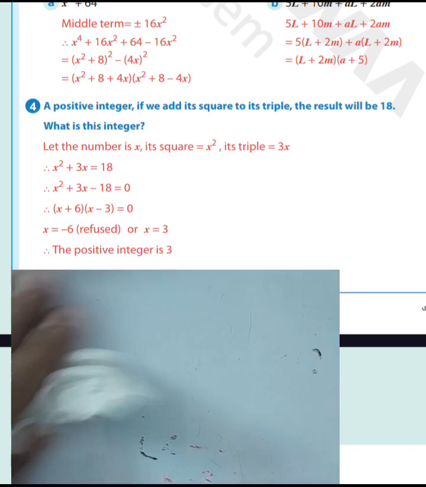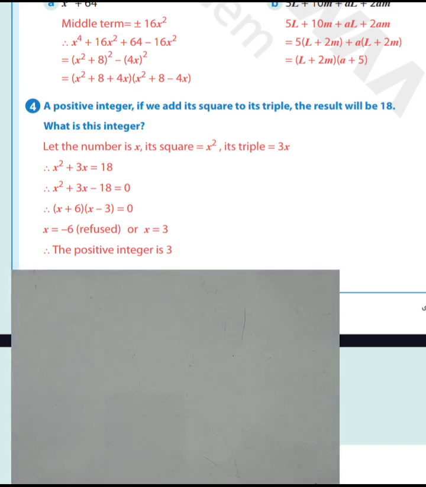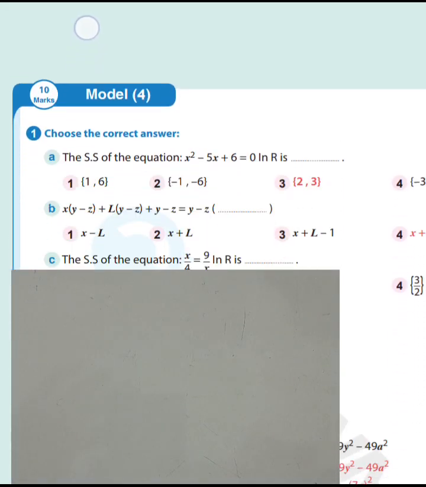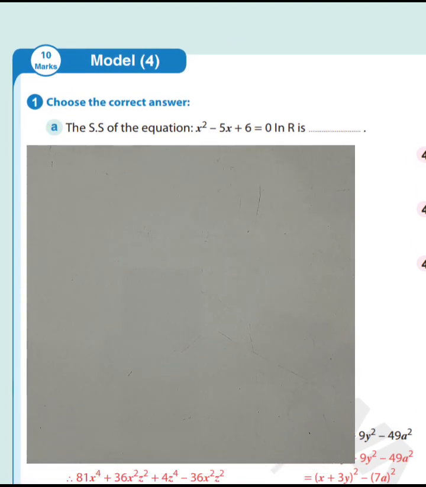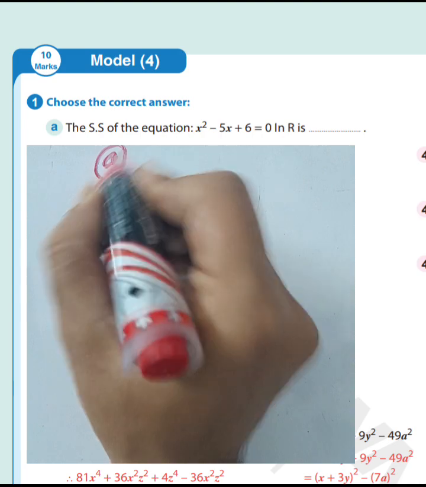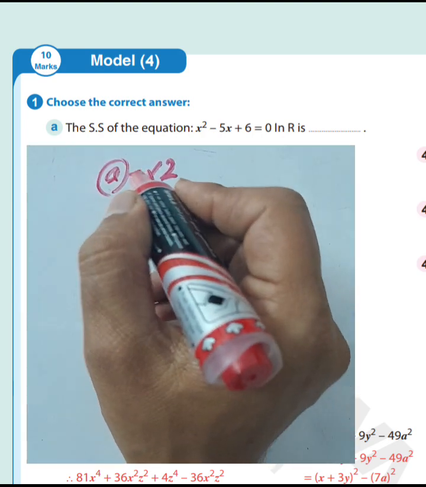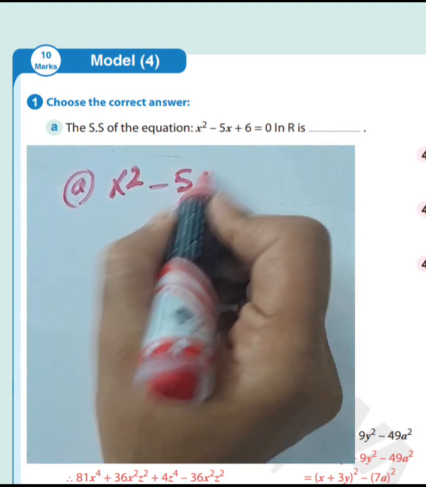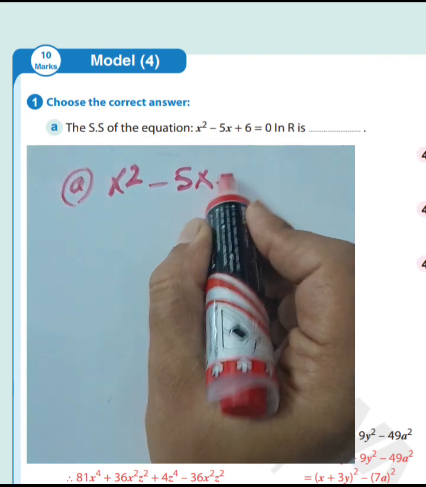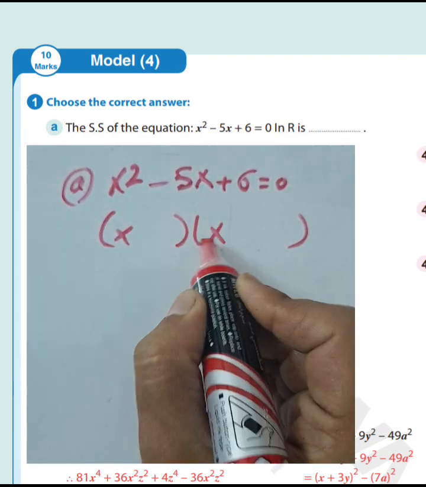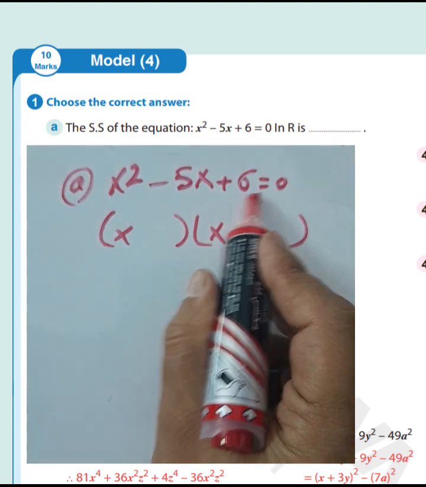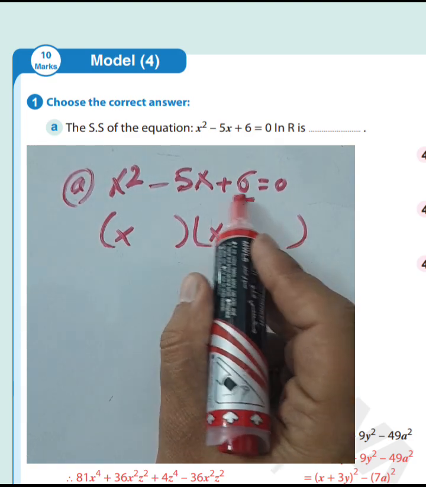Okay, understood. Model number 4. Solution set of the equation x power 2 subtracted by 5x plus 6 equals 0. We can write here x power 2 equals x times x, and we want to know two numbers, the product of them equals 6, and if we add them it equals 5.